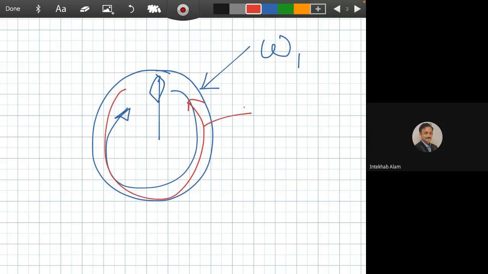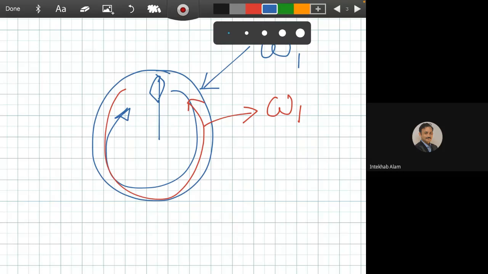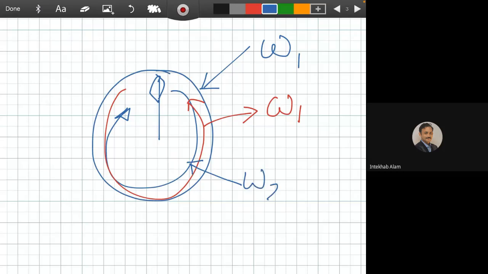The rotating magnetic flux frequency is also omega 1. But if we insert omega 2, then the rotating magnetic flux is also omega 2. Is it okay with you?